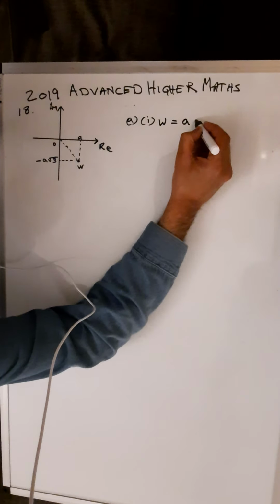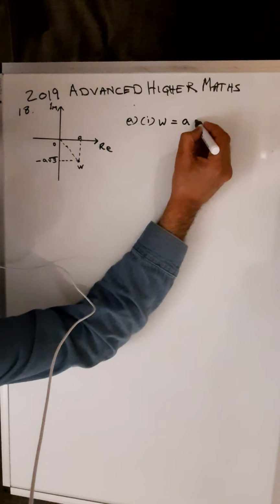And from that you can see that this argument is minus pi by 3. It's a 60-degree triangle here, so that's minus pi by 3. And you've got this 60-degree triangle in the fourth quadrant.